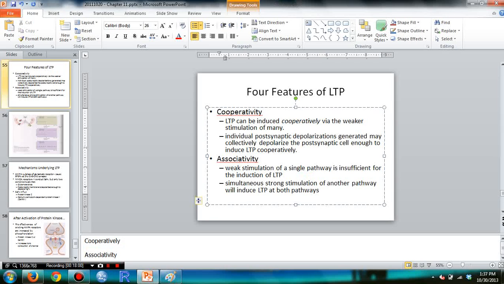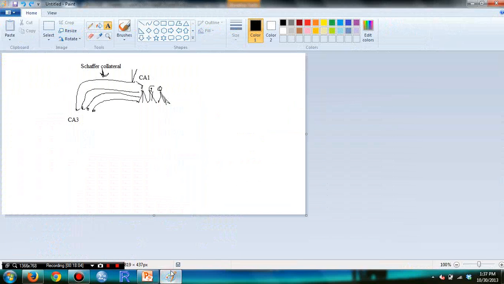In other words, my little small stimulation, we know for a fact, won't induce LTP. However, if we present this simultaneously with my big input here, if this neuron really fires, this one will have the benefit of LTP. So here you get LTP.